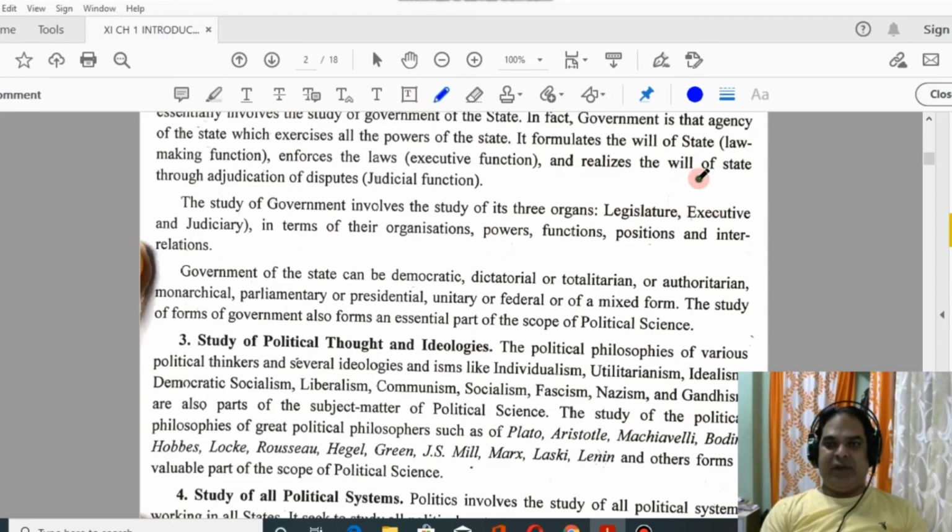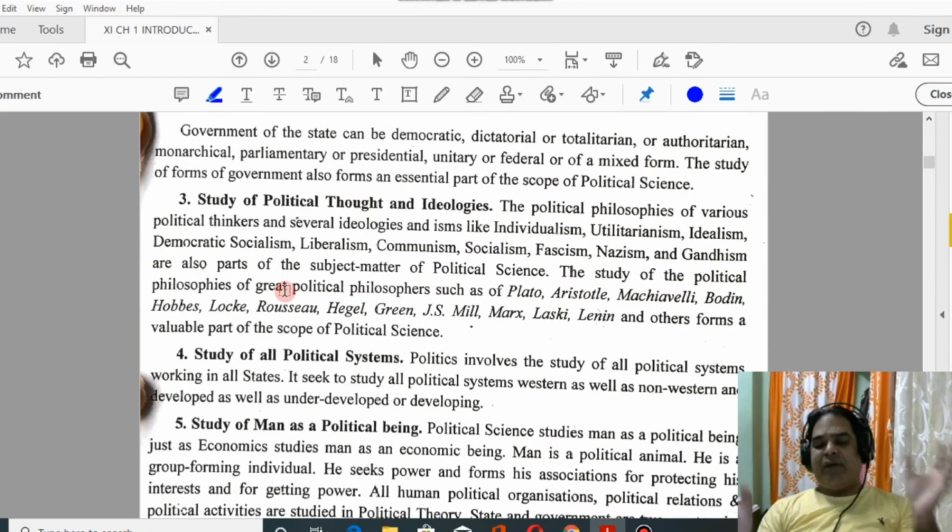These three things we need to study when we study about the government.